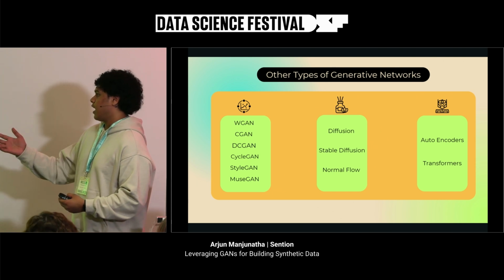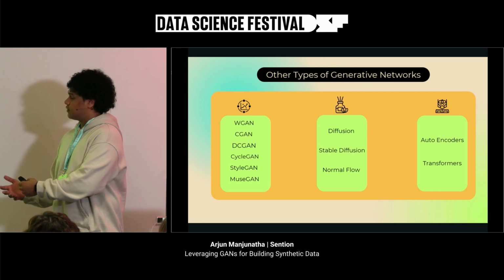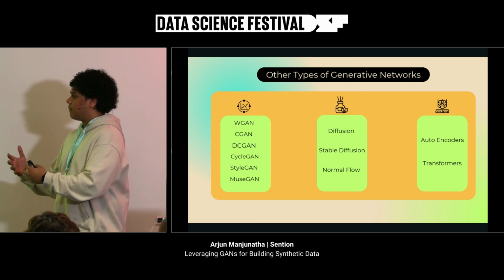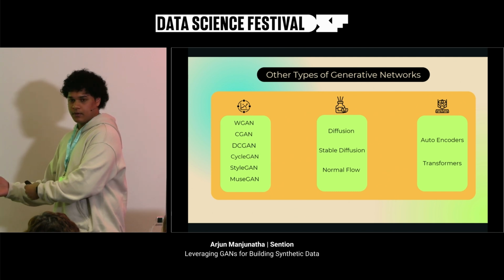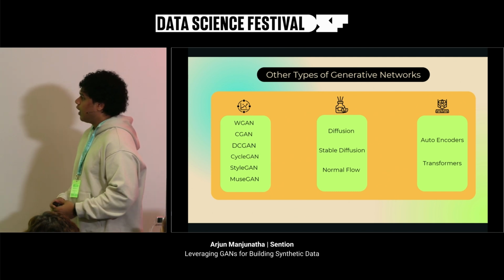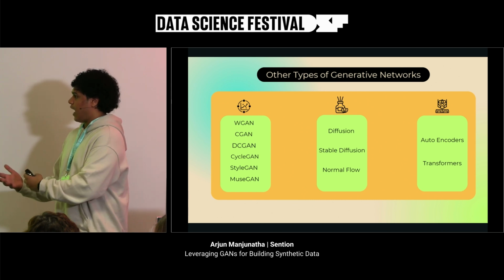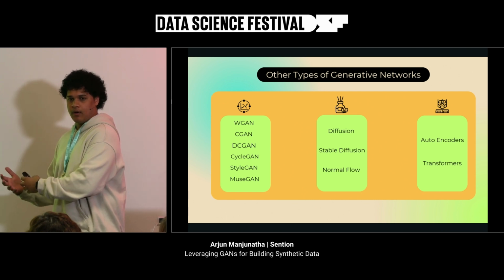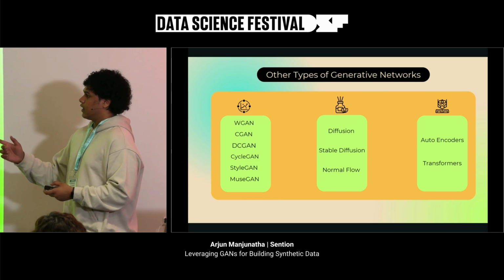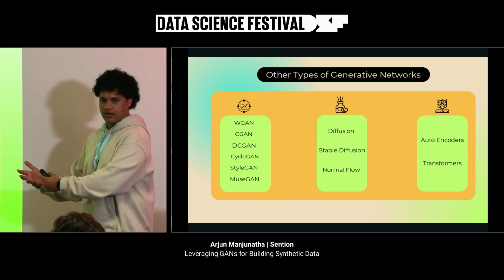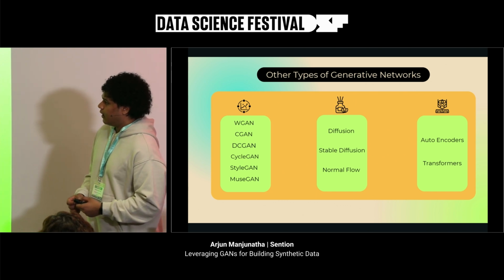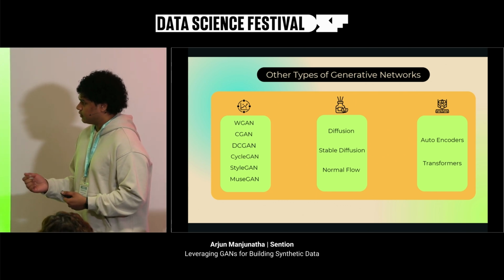You have WGAN, which has a different type of loss function, which tells the generator by how much it needs to improve in order to generate real data. You have conditional GAN. Usually we don't have control over what the generator generates, but with conditional GAN, we can send in an additional input and generate what we want. DCGAN and StyleGAN are again used in computer vision.